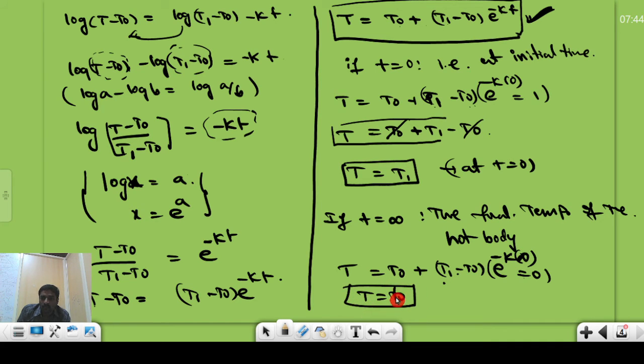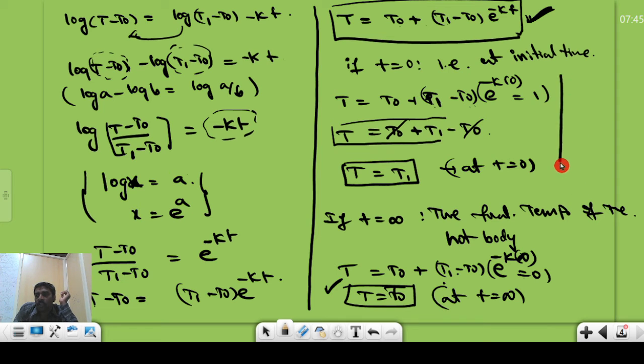What does it mean? At infinite time, the temperature of the hot body is going to attain the temperature of the surroundings. That is the information it gives.